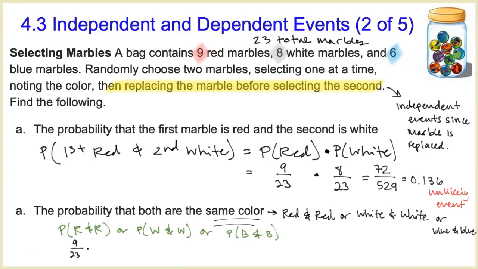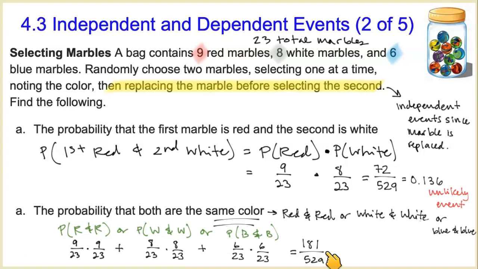Well, we have an and statement, and then we have or. And just tells us we're going to multiply. So red would be 9/23 times 9/23, and then we will add the other probabilities with it. And that will give us an overall probability of 181 out of 529, which again, you want to find the decimal equivalent.